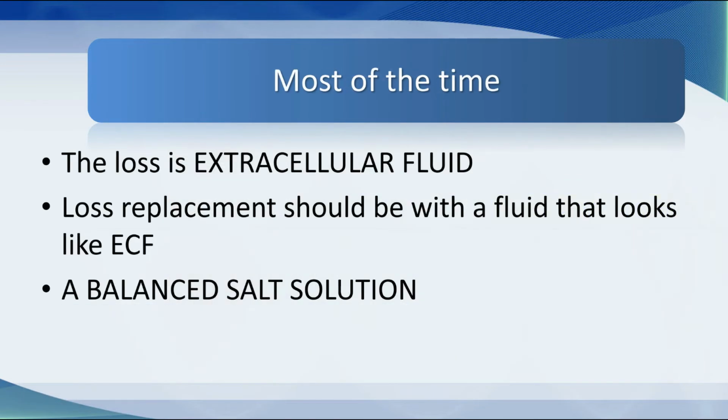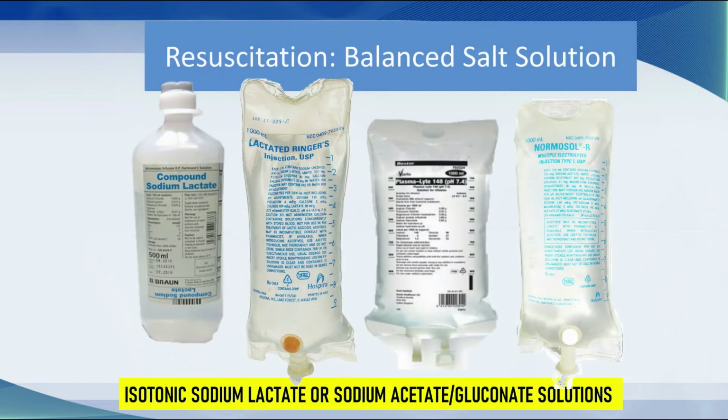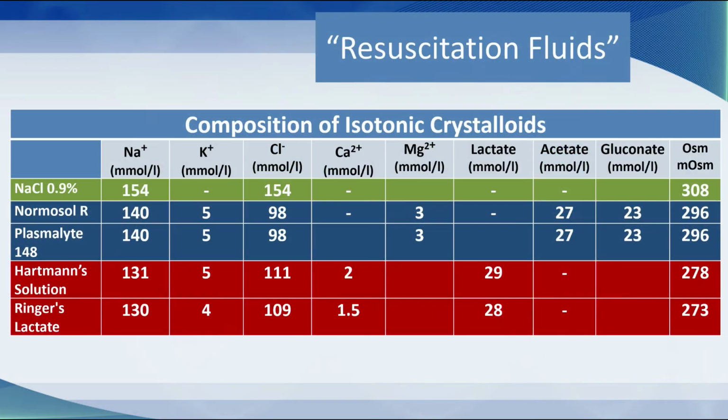Most of the time, when you have extracellular fluid loss, you need to give them a fluid that looks like extracellular fluid. And these are the balanced salt solutions that I mentioned in the last talk. These are sodium lactate solutions, Plasmalyte, and normal saline. And this is what's in these fluids. If you look very carefully at them, these are the different fluids here on the left-hand side: isotonic saline, normal saline, Plasmalyte, Hartmann's solution, and lactated Ringer's.